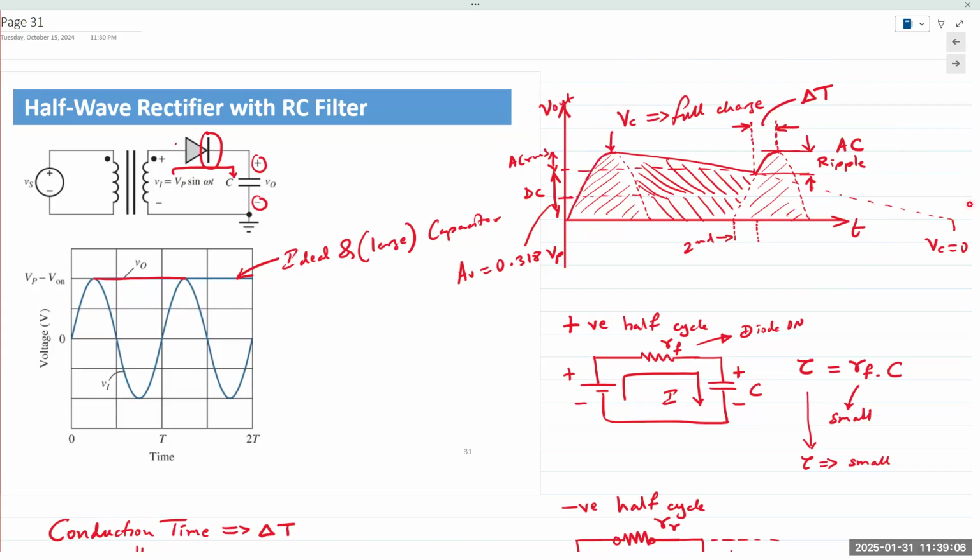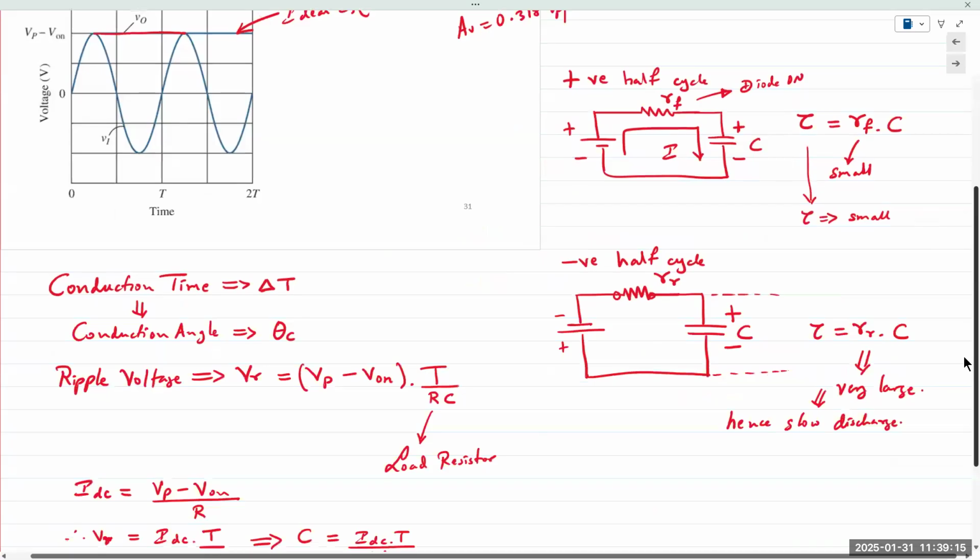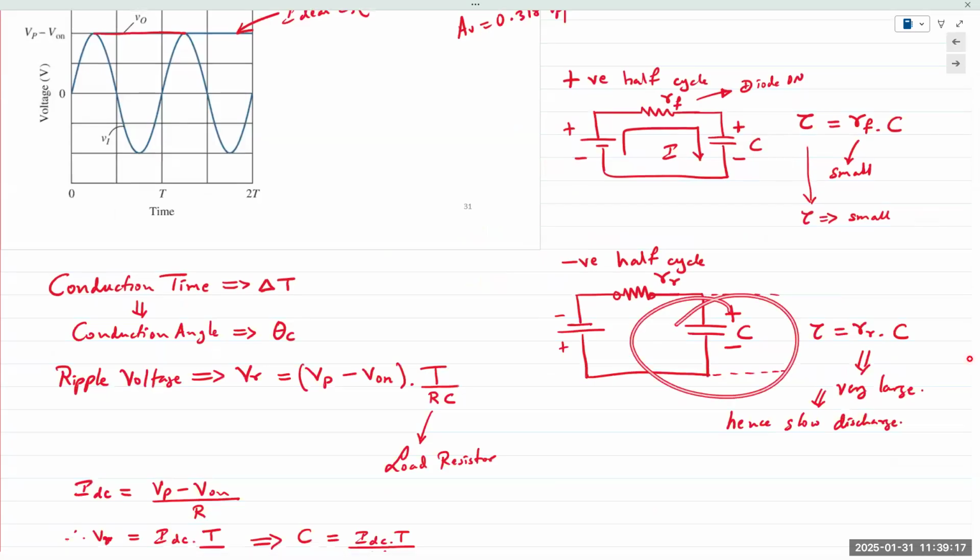Negative half cycle, diode turns off. Capacitor will hold the charge across itself. Right? Negative half cycle, capacitor will hold the charge across itself. Diode is now open circuit, or in this case, if I was using a practical measurement, then I would say it's a very high resistance.